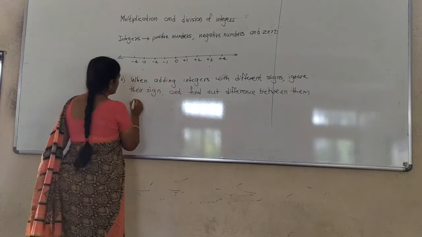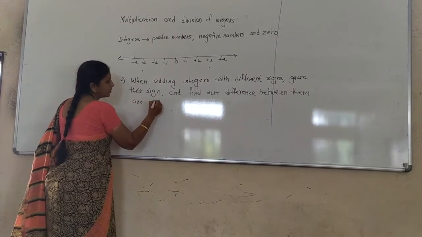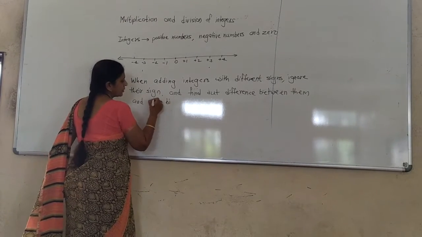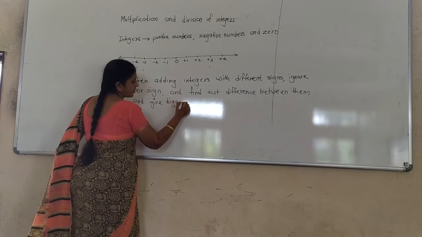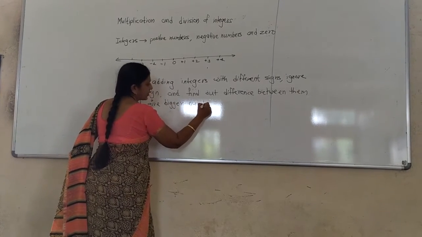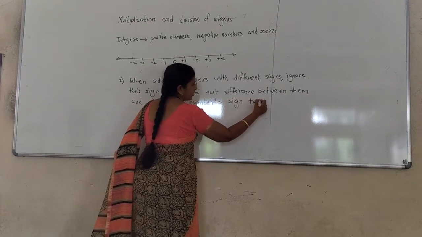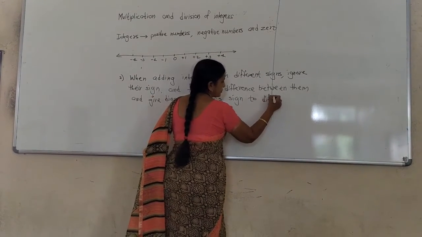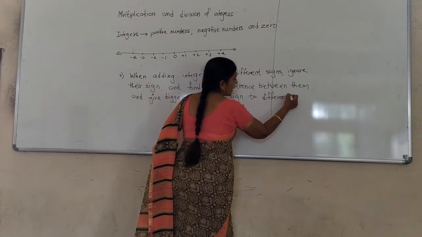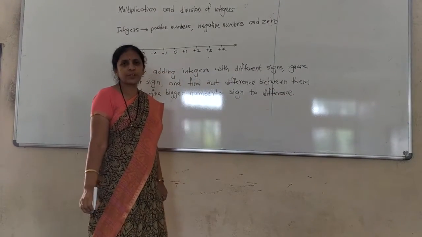And at last, give the sign of the bigger number to the difference. This is the rule for addition of integers with different signs.